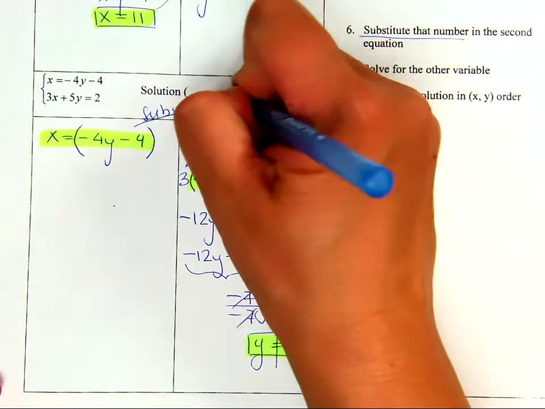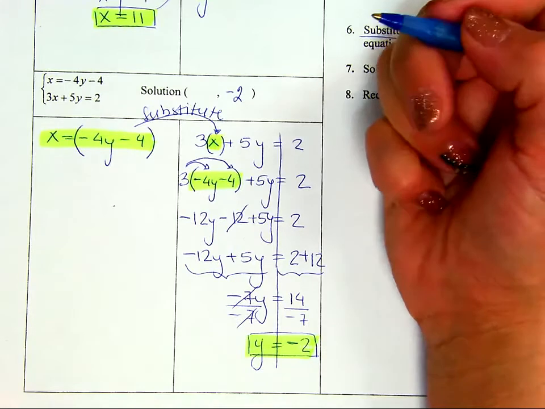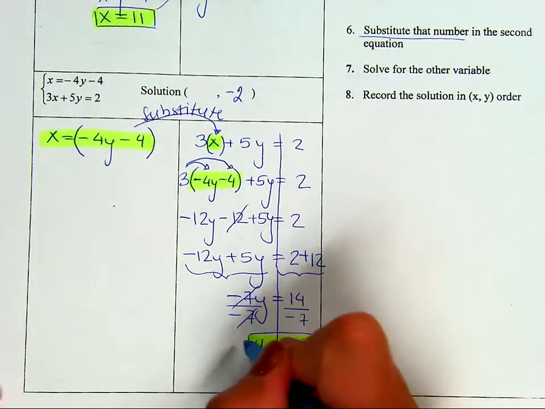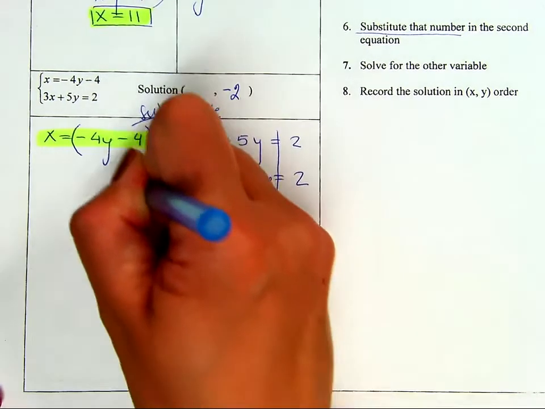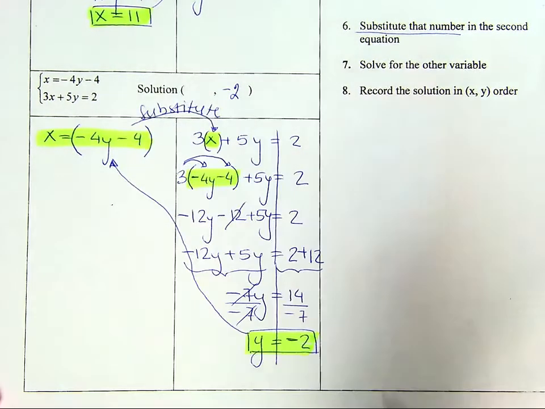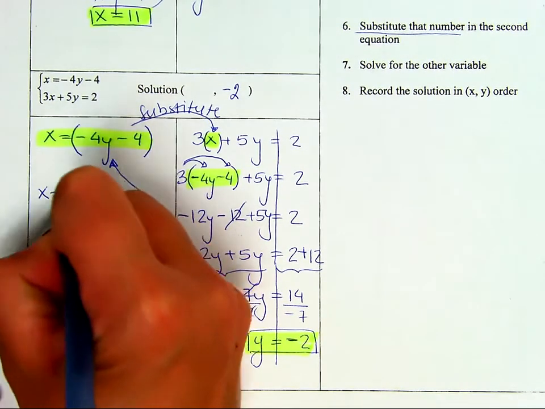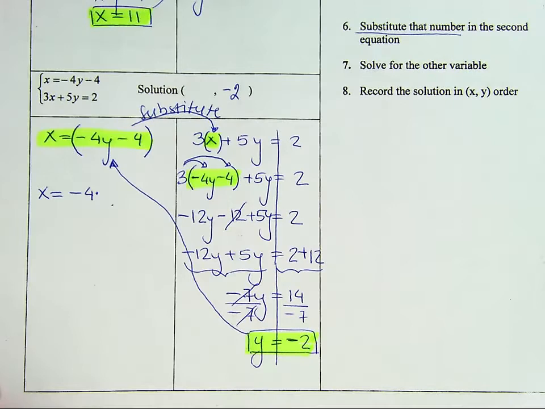The solution has x and y, so x still needs to be found. Now that we know that y equals negative 2, we can use it right back in the equation where x equals negative 4 times y minus 4.